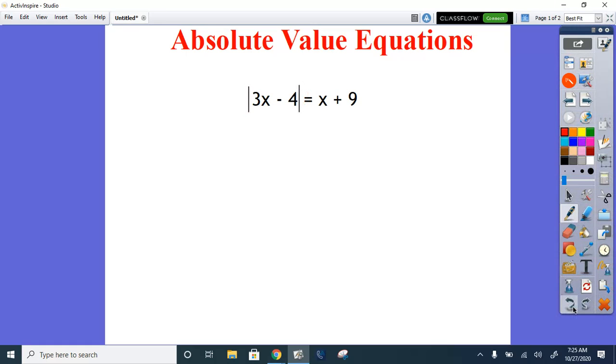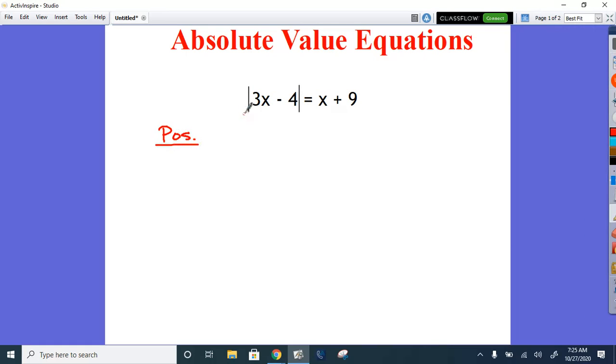Okay? So now we have our positive equation. And remember, for a positive equation, we want this inside our absolute value to equal the positive version of x plus 9, which therefore stays the same. 3x minus 4 just equals x plus 9. The negative side of the equation means that everything about this piece over here becomes negative.